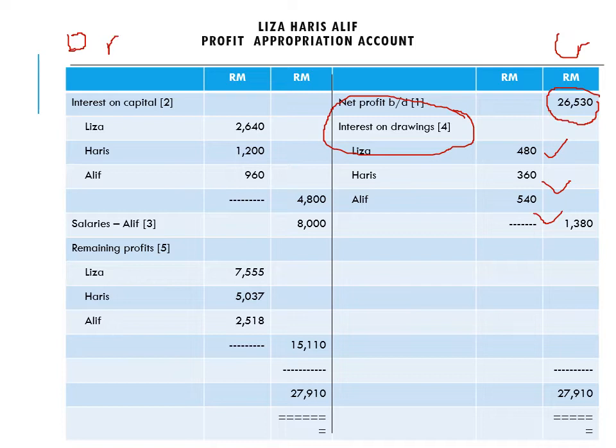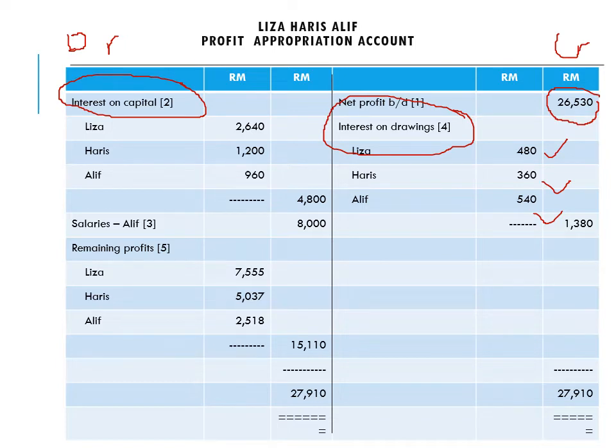On your debit side, you would have interest on capital. What do we mean by interest on capital? It is basically an interest income that the partners receive because of the capital that they have invested into the partnership. So this is an expense to the partnership. Therefore, you classify the interest on capital on the debit side because it ultimately reduces the net profit.